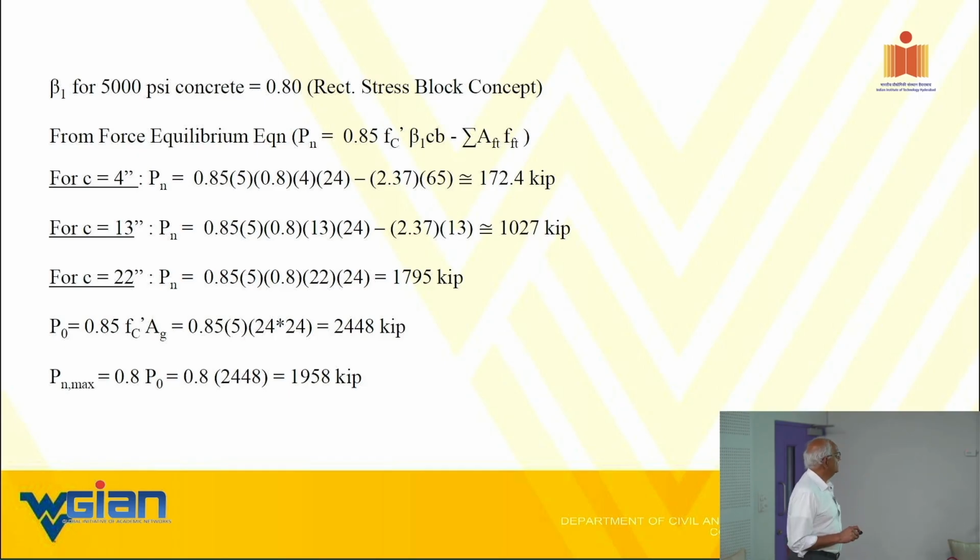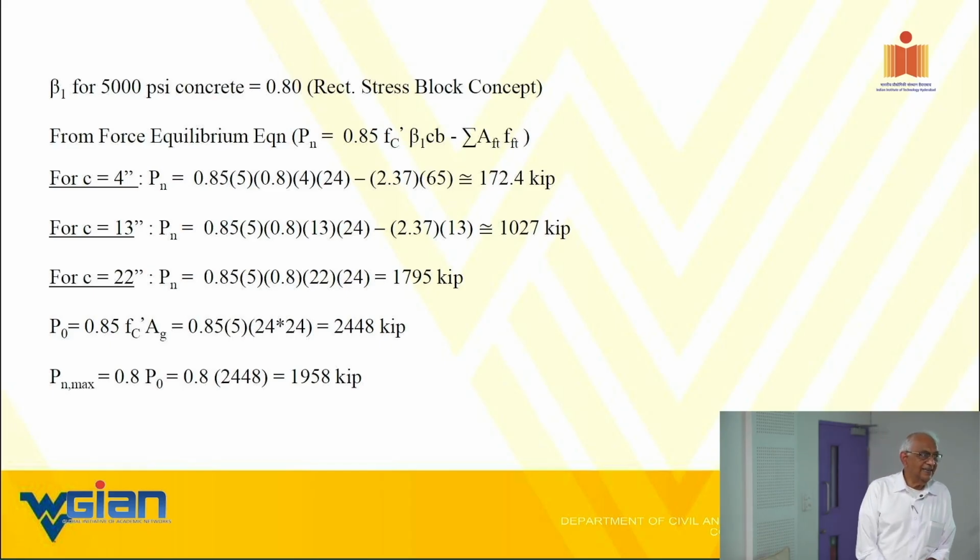Okay. So now let's construct the force equilibrium. What is the force equilibrium? That is our PN curve. The first term is the amount of force resisted by concrete in compression, minus or plus the force resisted by FRP.